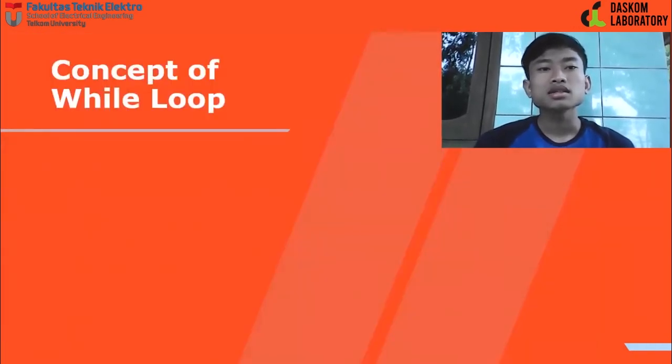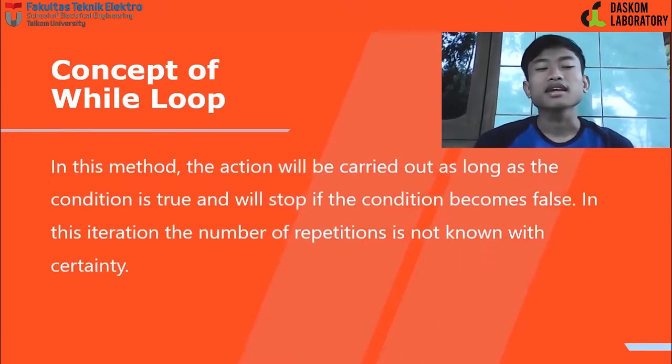And then the concept of while loop. In this method, the action will be carried out as long as the condition is true and will stop if the condition becomes false. So the program will repeat again and again if the condition is true and stop after the condition becomes false.